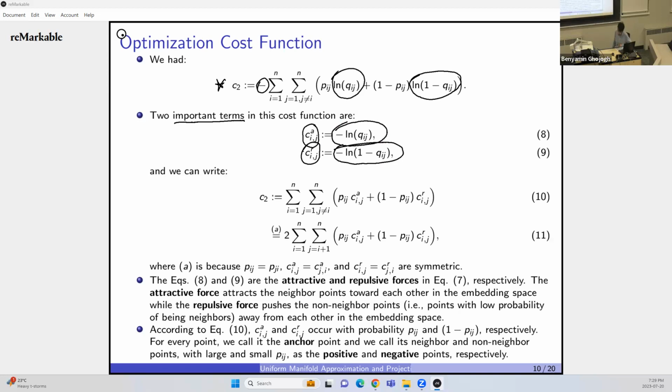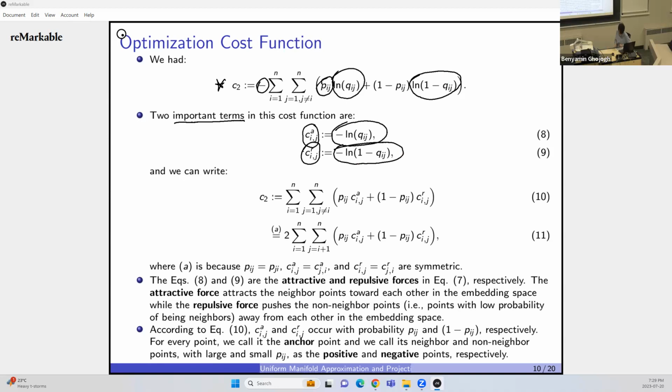Because equation 8 attracts the similar points to each other. Why? Because I have Qij, and we talked about repulsive and attractive forces just a few slides ago. But this second term, logarithm of 1 minus Qij, corresponds to non-similar points.